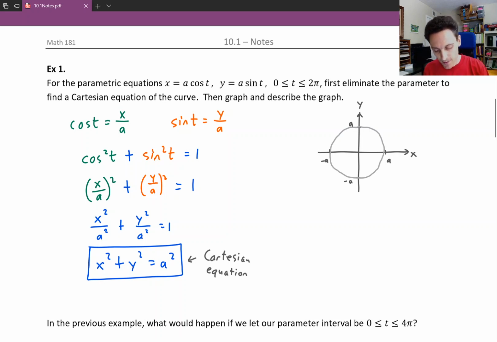So when t equals 0, we have cosine of 0 is 1, and then times a is a, so x is a, and then you'll get sine of 0 is 0, so y is 0. So right here will be the t equals 0 point.